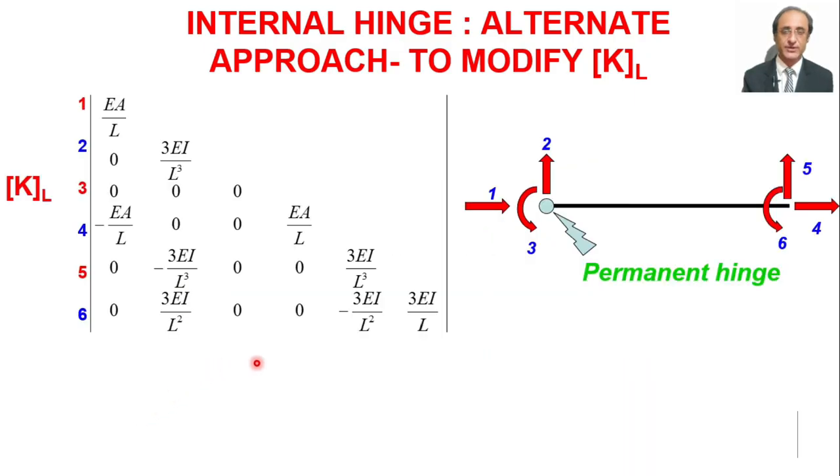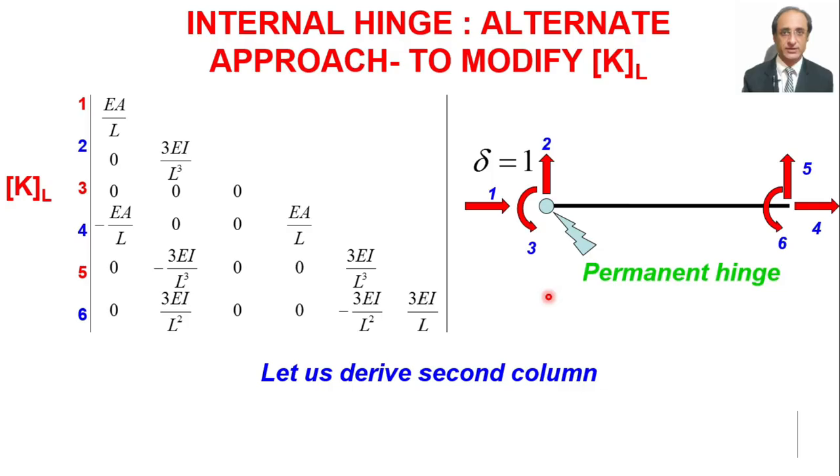So let's derive the modified stiffness matrix for this particular situation. Here we have the same member, and this is the modified stiffness matrix in terms of the local coordinate system, and you can derive it yourself. What we'll do, we'll derive the second column. To do that, we apply a unit displacement along the second degree of freedom and find out what are the forces developed along the various degrees of freedom.